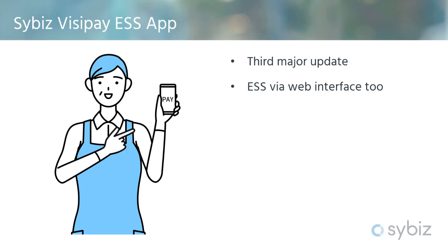But it is now called ESS, and once you get configured for the ESS app, it's a very easy step to configure for the website as well. So you have the ability to do either or, because it is quite easy now to do both. The recommended option is to have both of those interfaces available.